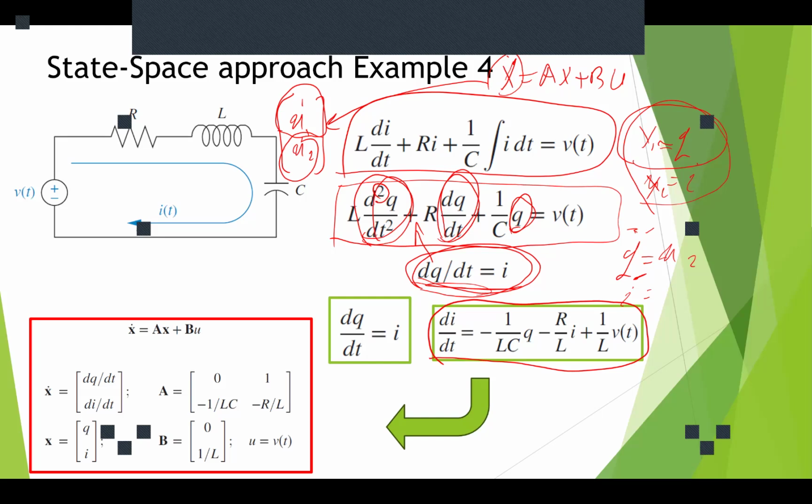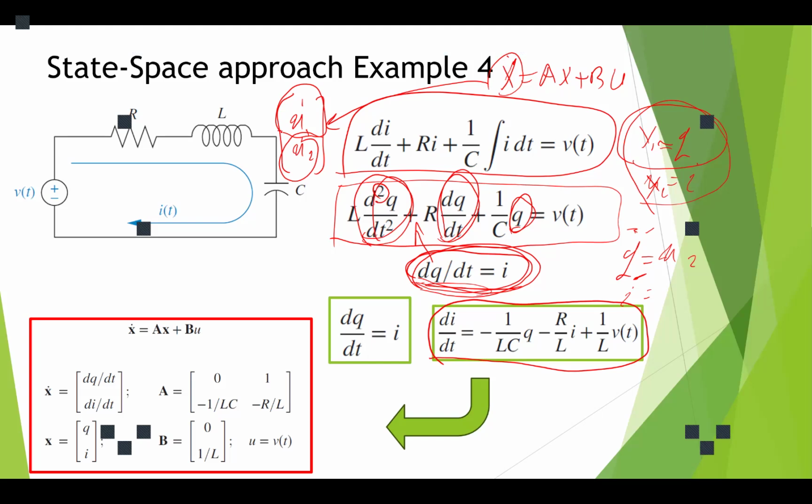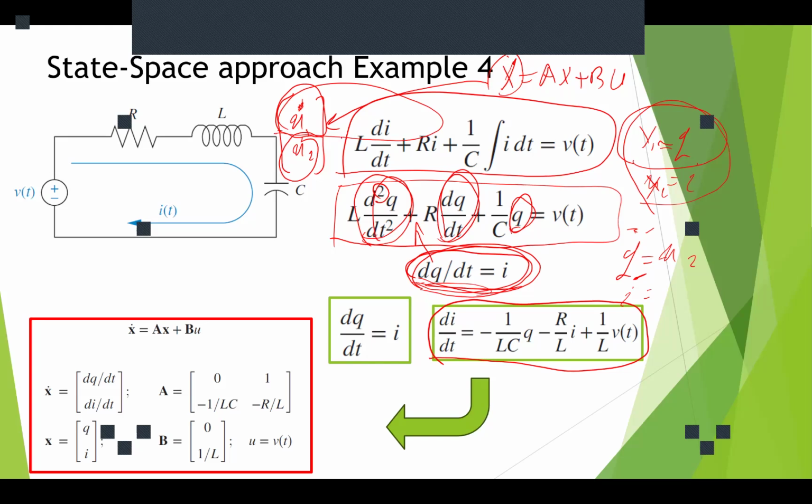Because we define x1 as q and x2 as I, we already have one of the first order differential equations based on the state variables and the input. Are we good? Is that clear? So we already have this part for x1. But we need another first order differential equation that describes x2 dot based on our state variables x1 and x2 and the input.